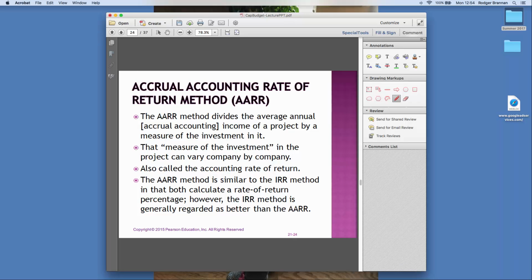Now, accounting rate of return is one that's sort of popular, but it's a little bit more confusing, and it tends to use accounting information. The numerator is going to be the accounting income divided by the investment.